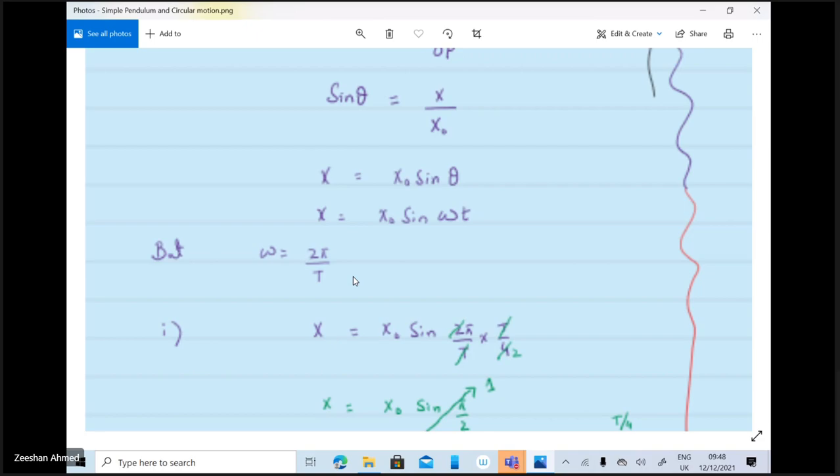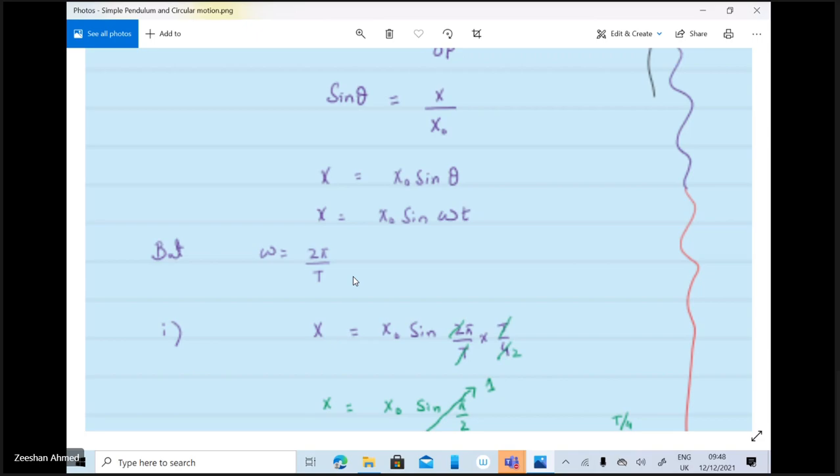What are the quantities that could be cancelled? This t and this t could be cancelled. 2 ones are 2, twos are. So what is left? x naught sine pi by 2.